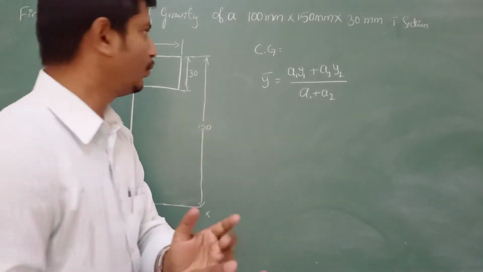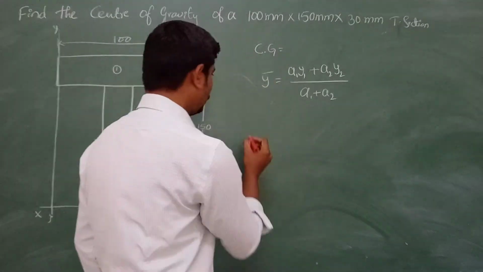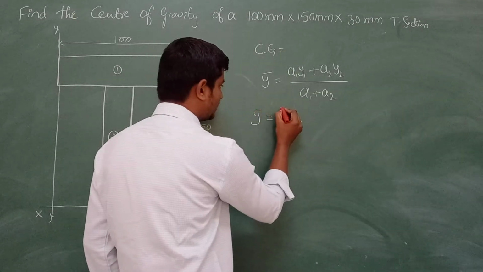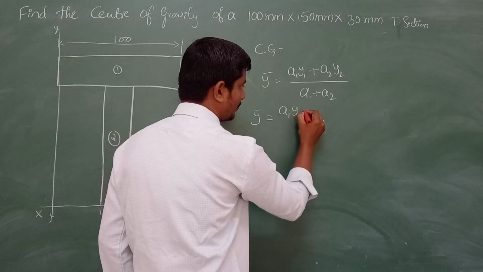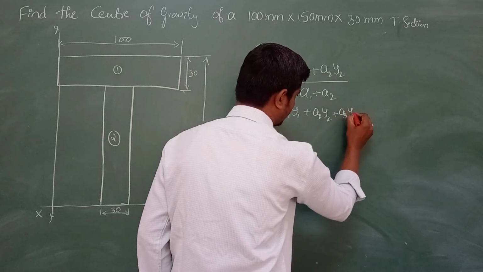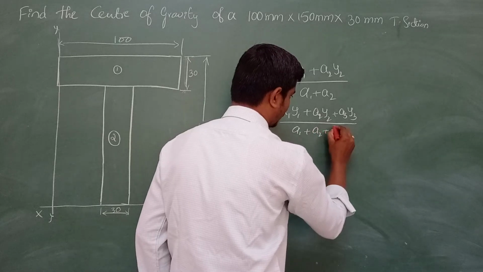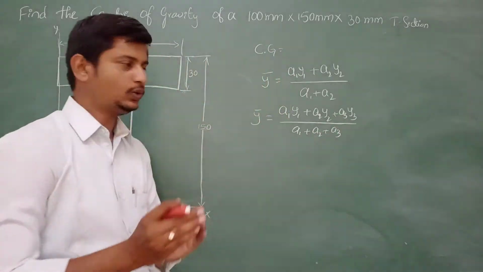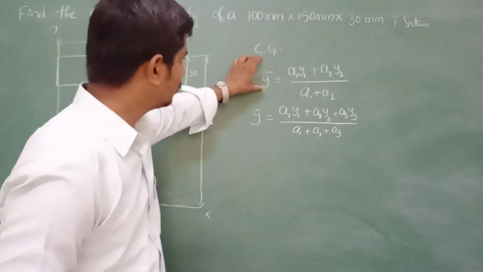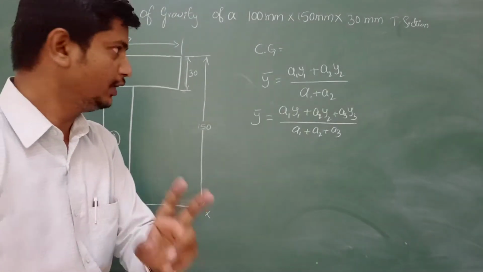If we have a third web, it is added to the numerator as well as the denominator. So if you have three webs, y dash is equal to a1 y1 plus a2 y2 plus a3 y3 divided by a1 plus a2 plus a3. Otherwise, we use the two-web formula. Here we are considering only two webs.